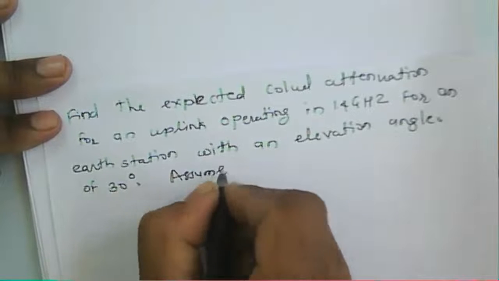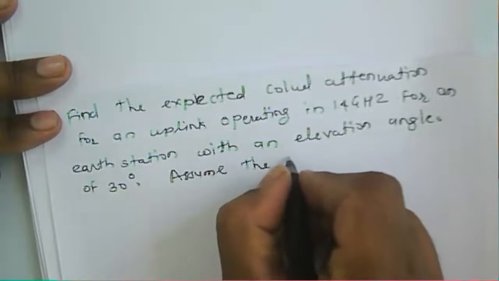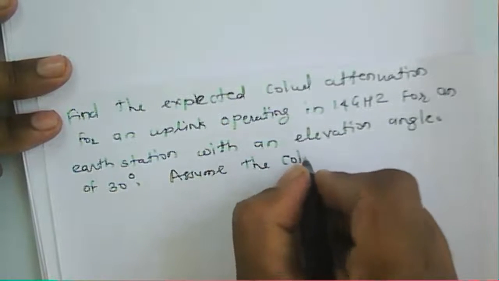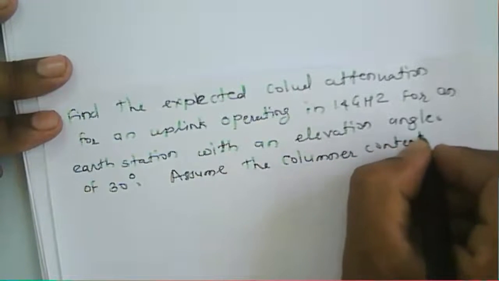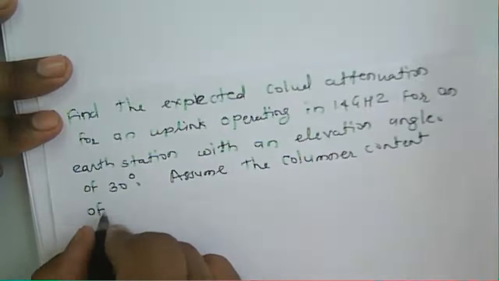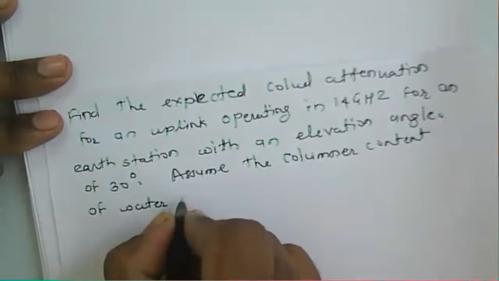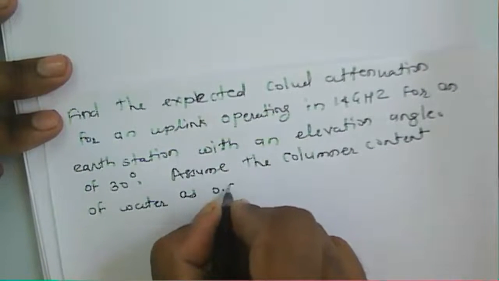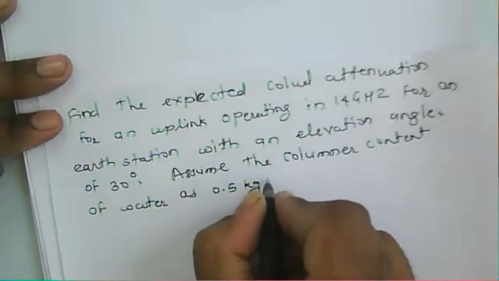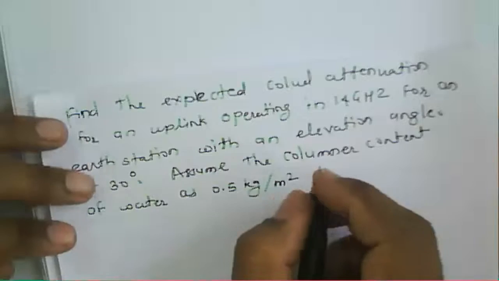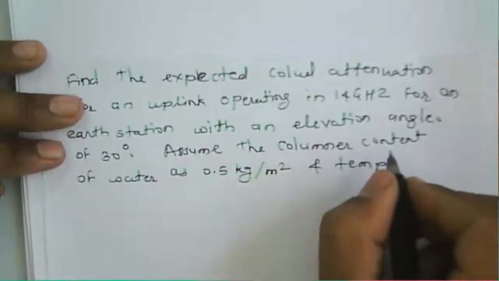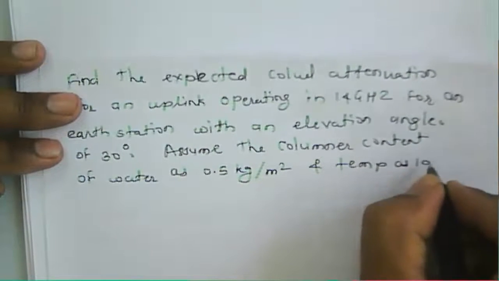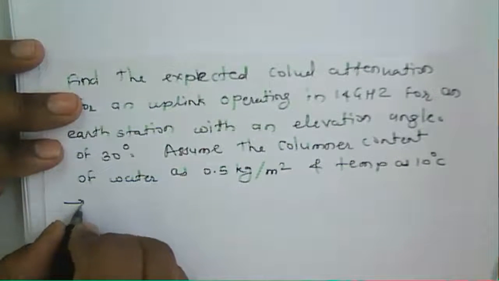Assume the columnar content of water as 0.5 kg per meter square and temperature as 10 degrees Celsius.